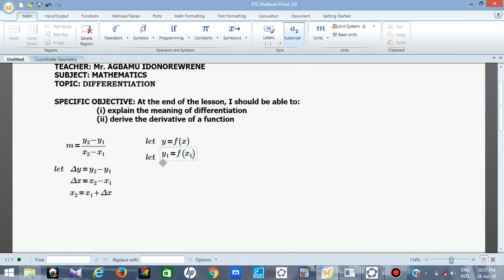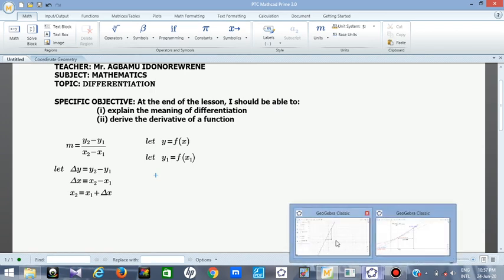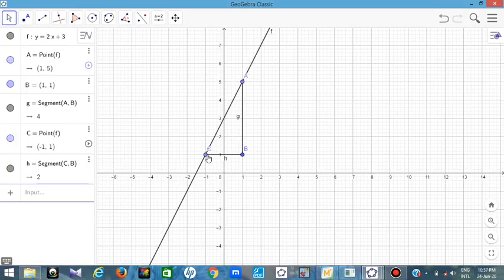Okay, you agree with me? You know what I mean by the first point? I'm talking of this first point. This is x1, y1. x1 is minus 1, then y1 is 1, then x2, which is this place, 1, then y2 is 5.